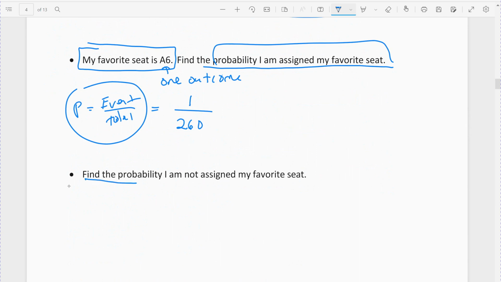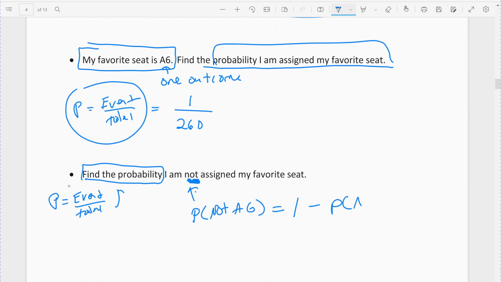Alright, find the probability again. So I'm looking for the probability of the event divided by my total. This is the complementary event. This is the not case. So the probability that we do not have my favorite seat, not A6, is 1 minus the probability you do get A6, which we found in the last example, right?